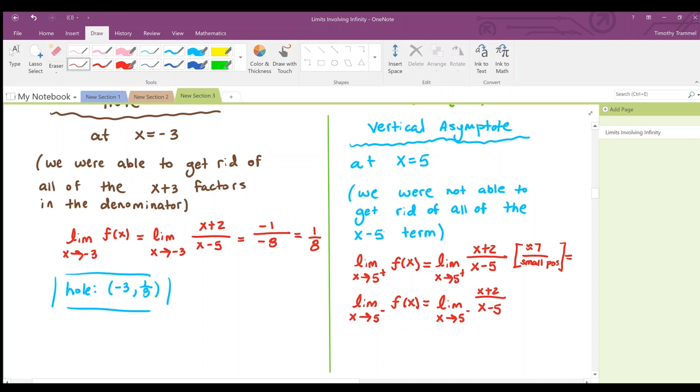The closer we get to 5, the bigger this gets. So this is going to grow without bound, meaning that as we approach 5 from the right, this is going to infinity. And a similar thing is going to happen here. We have approximately 7 on the top, but on the bottom this time, since we're coming from the left, we're going to have a small negative. So this is going to be minus infinity.